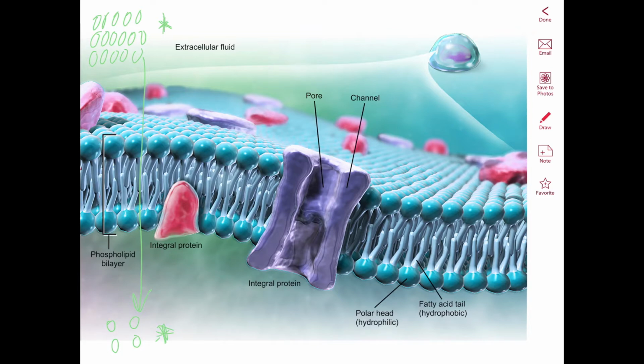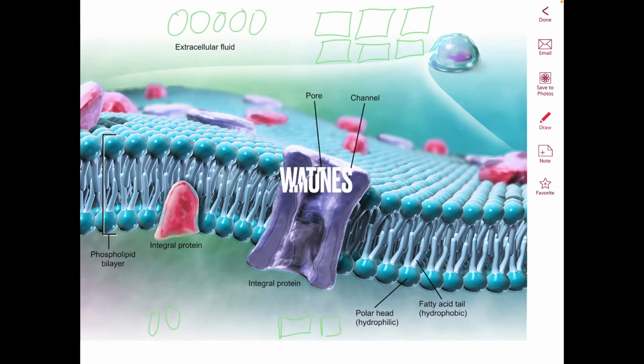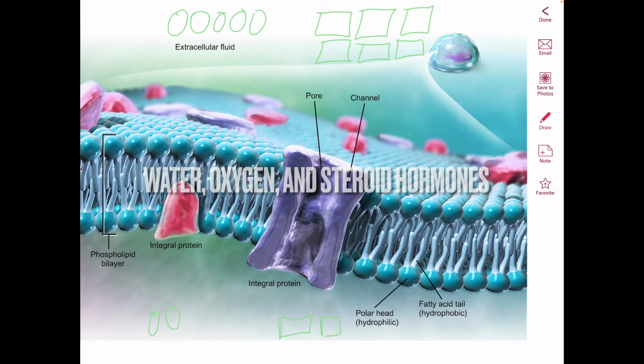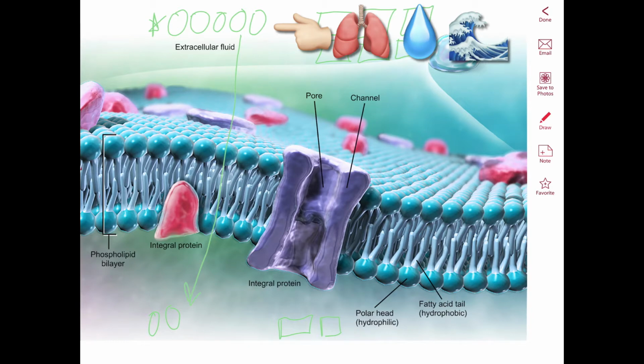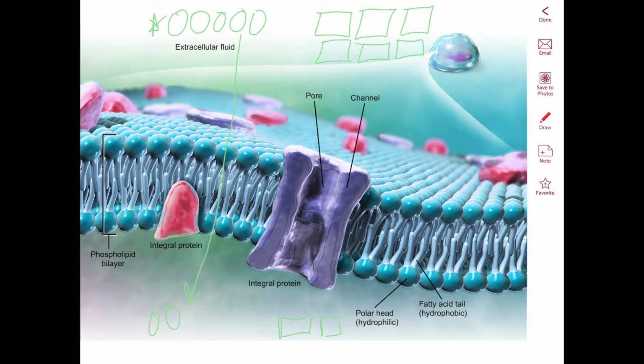So in other words, diffusion is a passive process and it does not require any energy at all. Now, in some cases, molecules such as water, oxygen, and steroid hormones are able to freely cross the cell membrane and move down the concentration gradient by simple diffusion. So in this example, I have drawn these circles representing molecules such as water, oxygen, or steroid hormones.